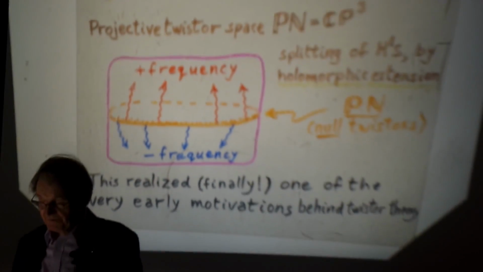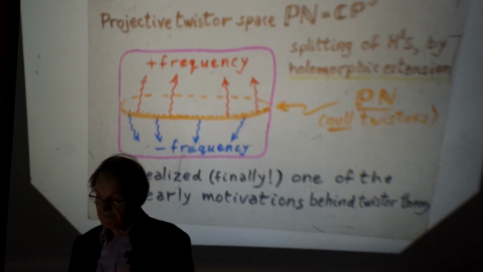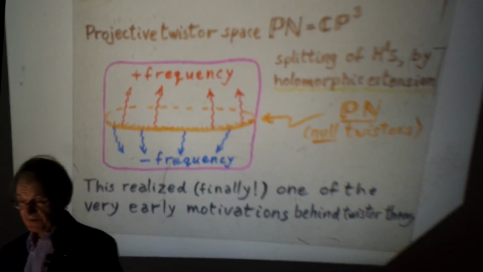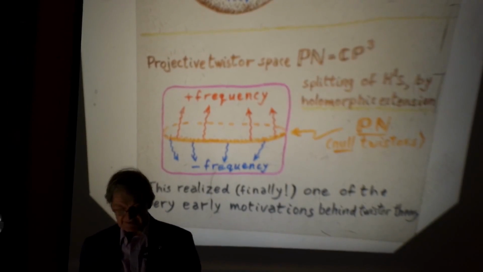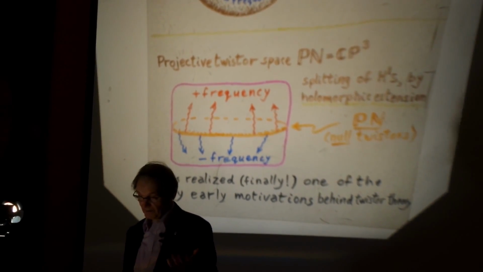So you have something very analogous now in twistor theory, and it took a long time, although this was a big motivation early on, to find an analog of this for the full four-dimensional space-time, and that's what twistor theory does for you. How it did this was mysterious until we realized we were doing cohomology.